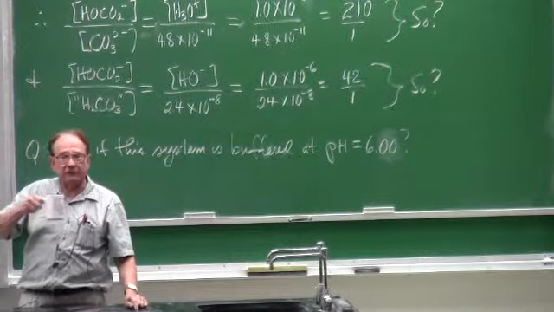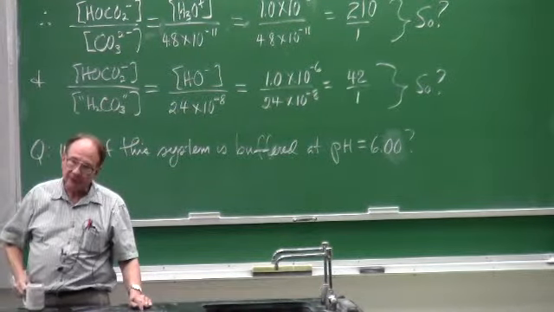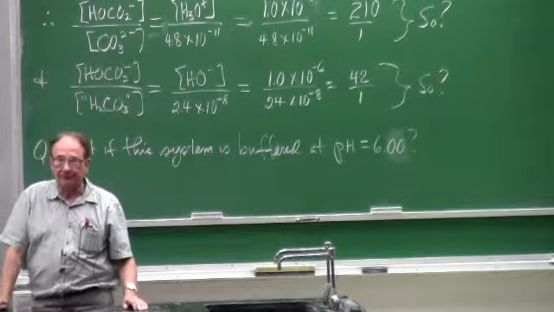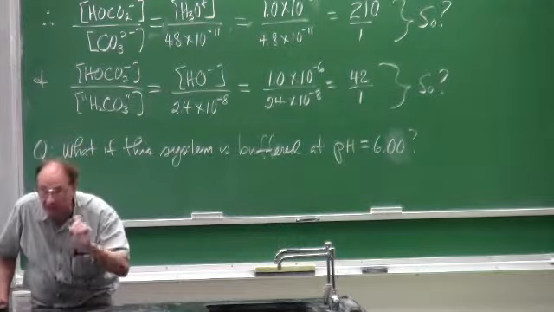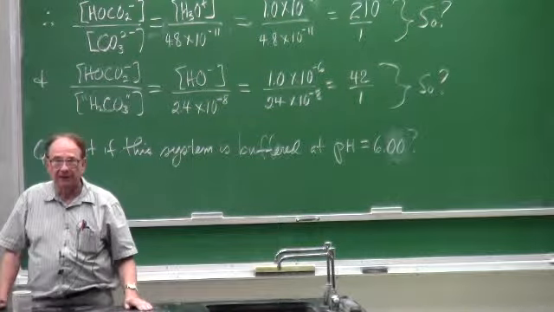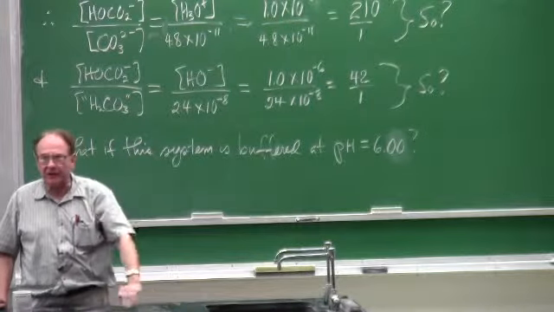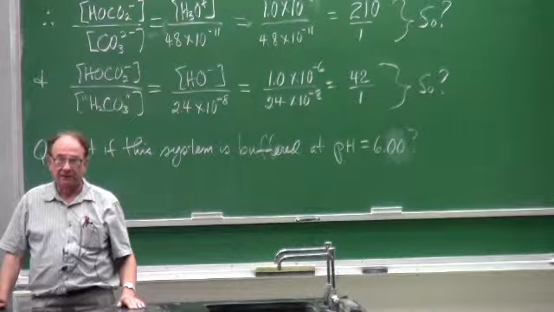Solubility going to be ever so larger when we go from pH 8 to pH 6? Solubility going up? Is the system getting more acidic? Yes. Then the solubility has got to go up, because you're killing carbonate ion all the more. Right?